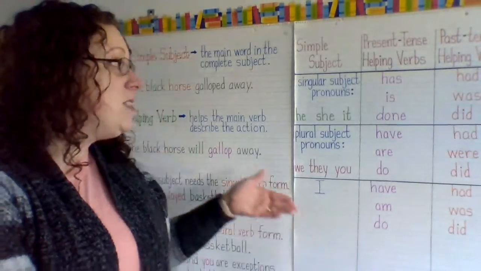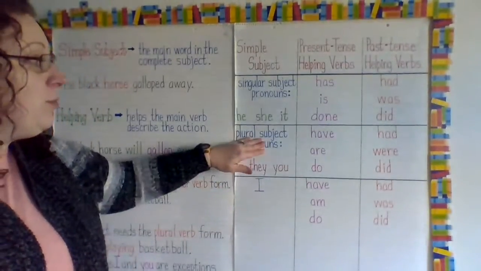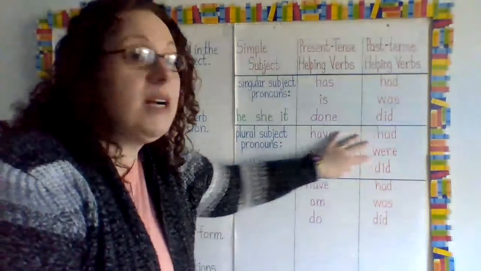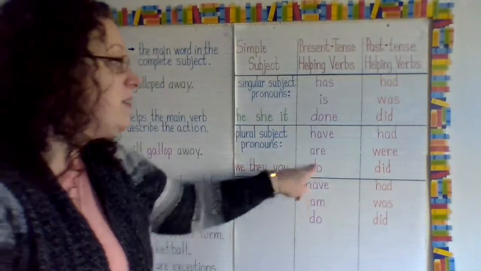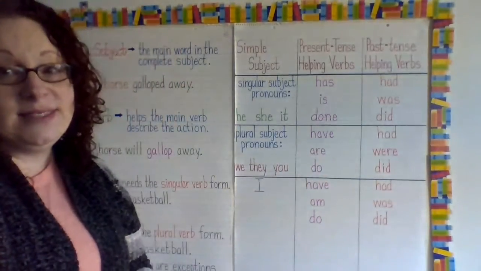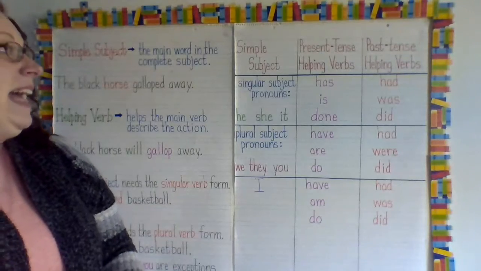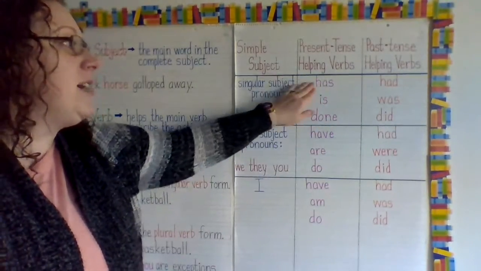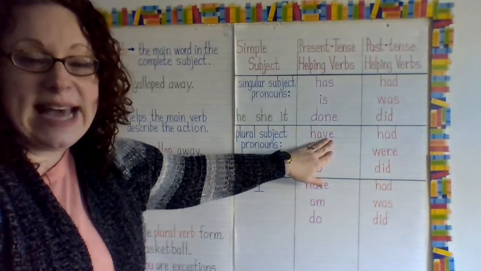So that means it's plural, right? So follow me back up here. Your plural, and then it's going to be one of these words. Now look at your choices. You have and has. I don't see has up there anywhere, right? Has is your present tense singular subject helping verb, but it's not in this case. So that's why it's have.